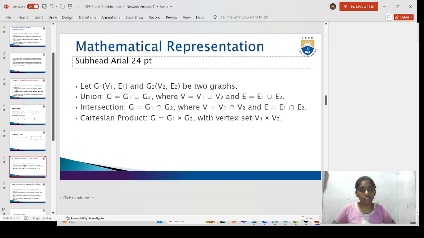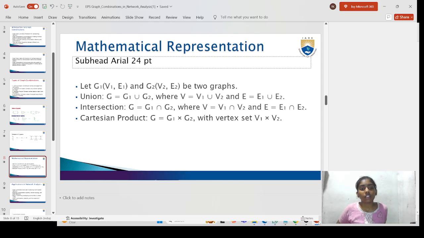Mathematical representation. Let G1 of V1, E1 and G2 of V2, E2 be the two graphs. Union: G equals G1 union G2, where V equals V1 union V2 and E equals E1 union E2.